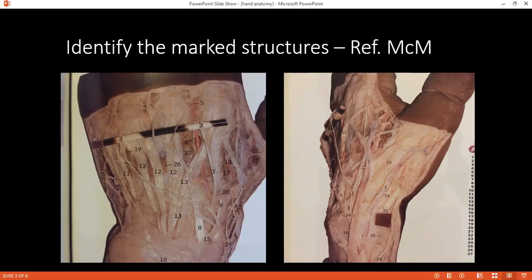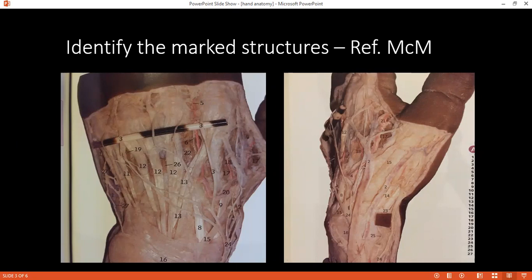The medial border is formed by the extensor pollicis longus. The lateral border has the extensor pollicis brevis and the abductor pollicis longus.